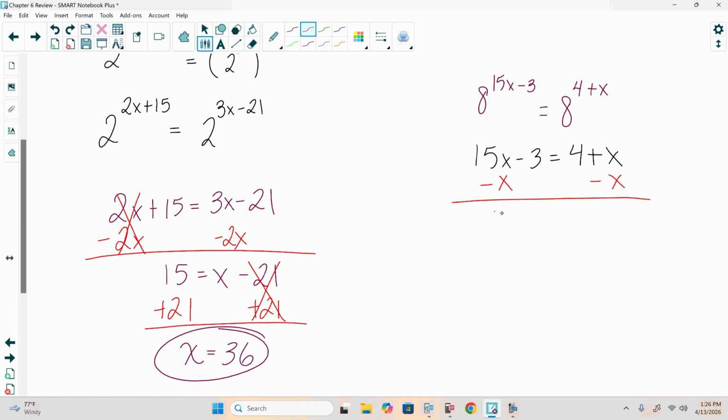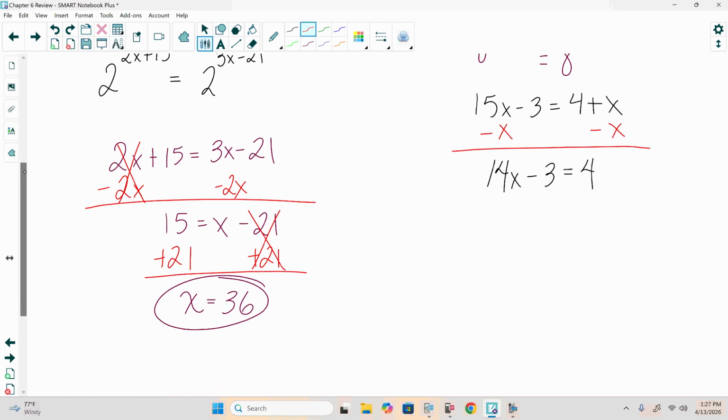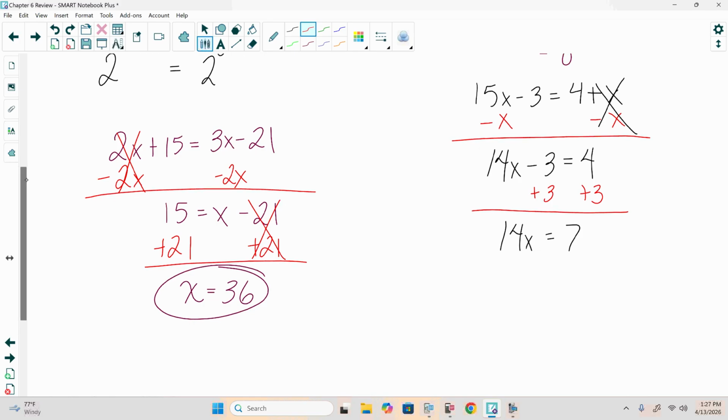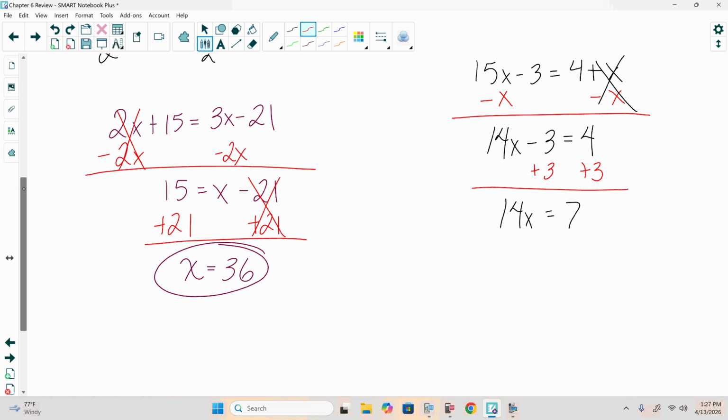15x minus x would be 14x. Add 3 to both sides, telling us that 14x is equal to 7.